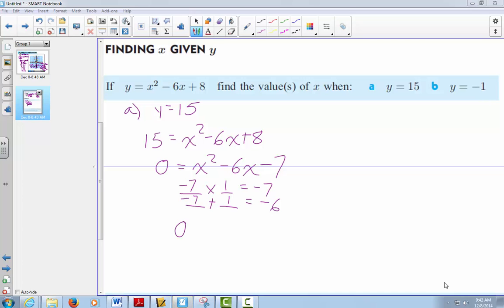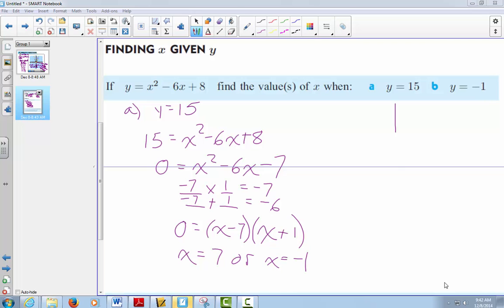So 0 equals x minus 7, x plus 1. So x equals 7 or x equals negative 1.